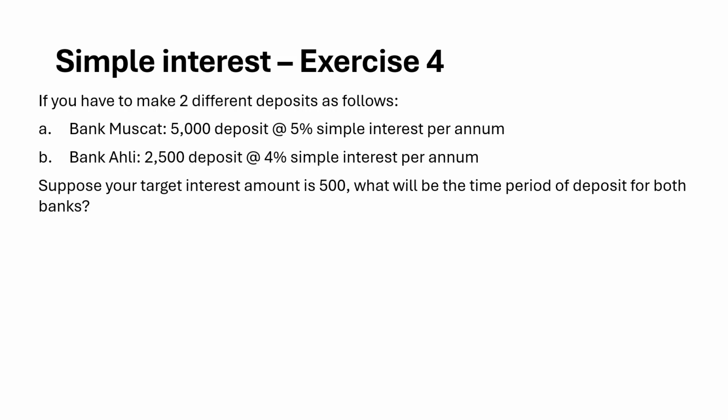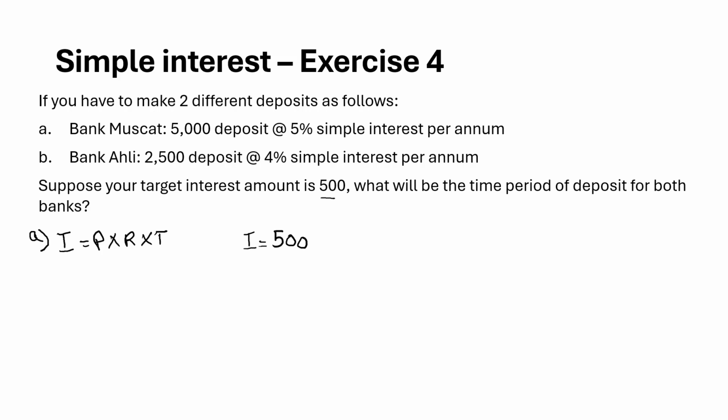First we will write the formula. We will do it for A. I is equal to P into R into T. Now what will we do? We will just substitute. We will write the amounts. What is my I? In A, the interest amount is 500.